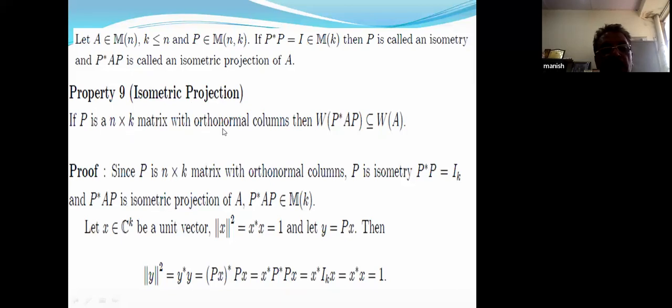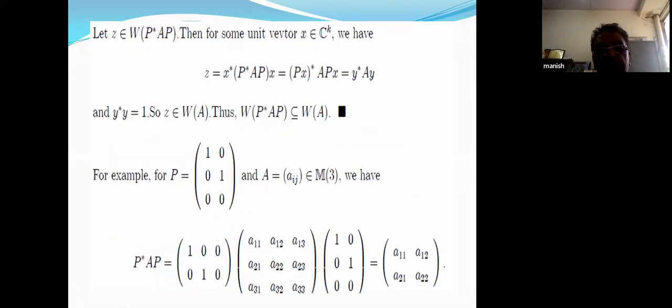So the next property is the isometric projection property. If P is an n by K matrix with orthonormal columns, this means that P is an isometry. Then the numerical range of P star AP is contained in the numerical range of A. And this has a similar type of proof as in the case of the unitary similarity invariance property of the numerical range.